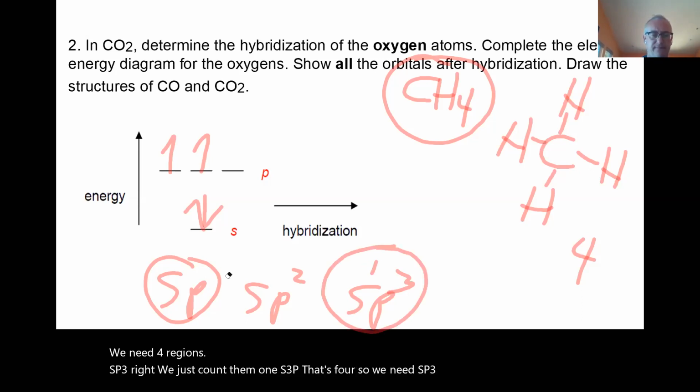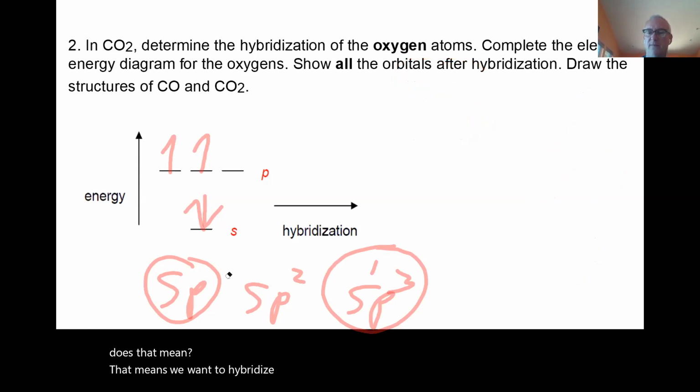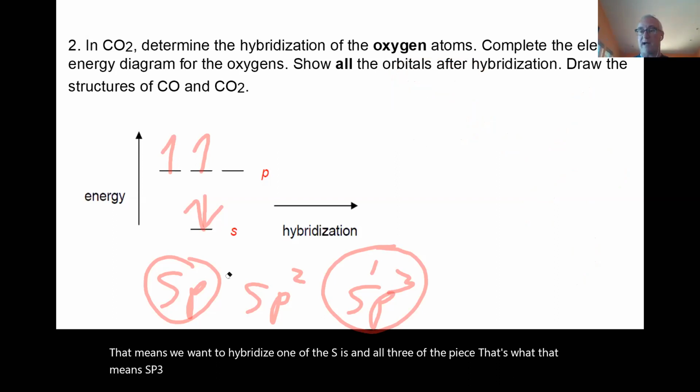Well, what does that mean? That means we want to hybridize one of the s's and all 3 of the p's. sp3 means all of them will be hybridized. There's only one s, but there's 3 p's.